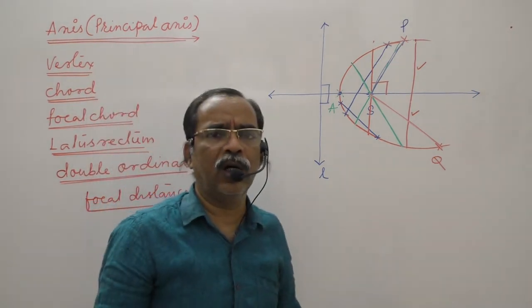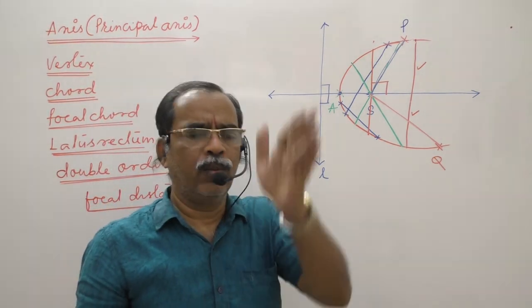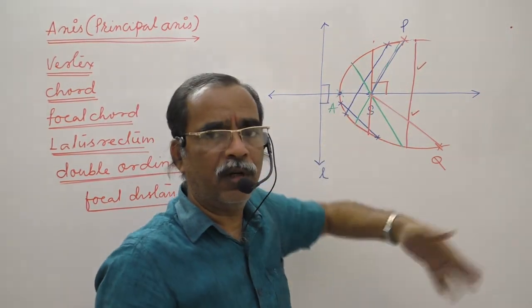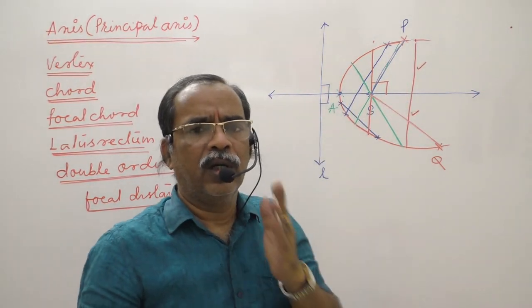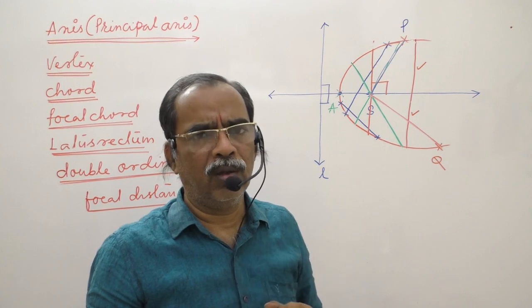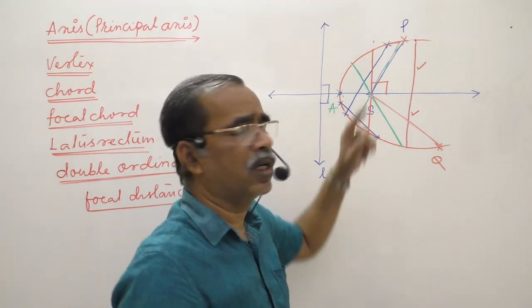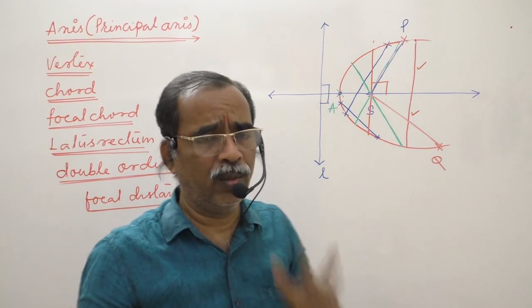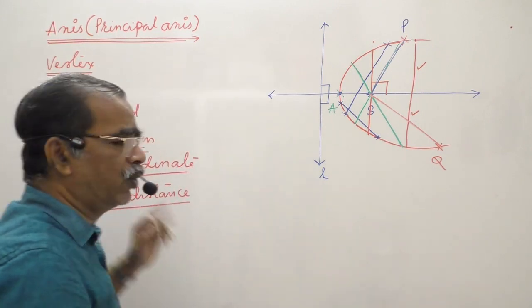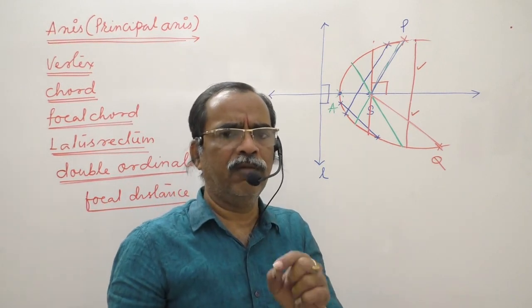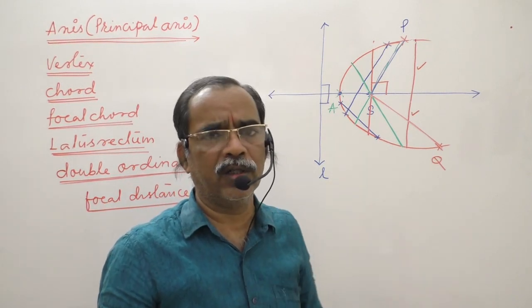What is a double ordinate? Any chord perpendicular to the axis. How many double ordinates will be there? Infinite. Any chord perpendicular to the axis is called a double ordinate. This latus rectum is also a double ordinate. Next, focal distance of a point. Every point on a conic will have some focal distance.